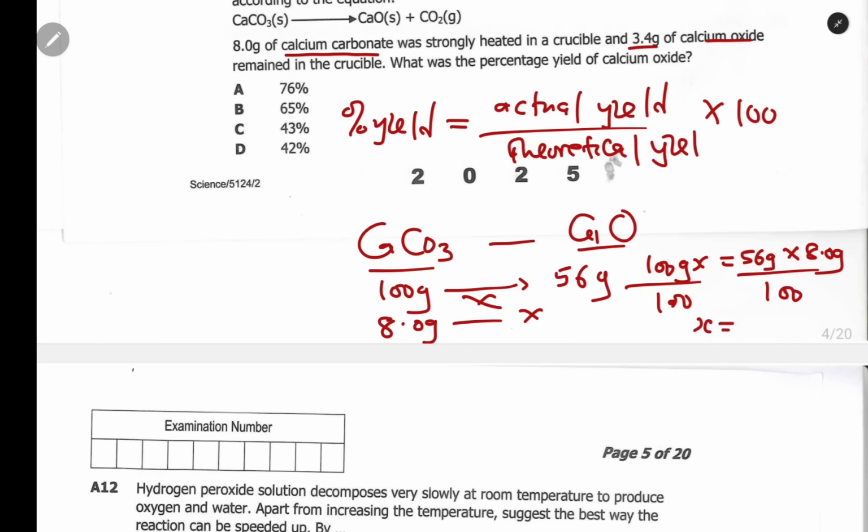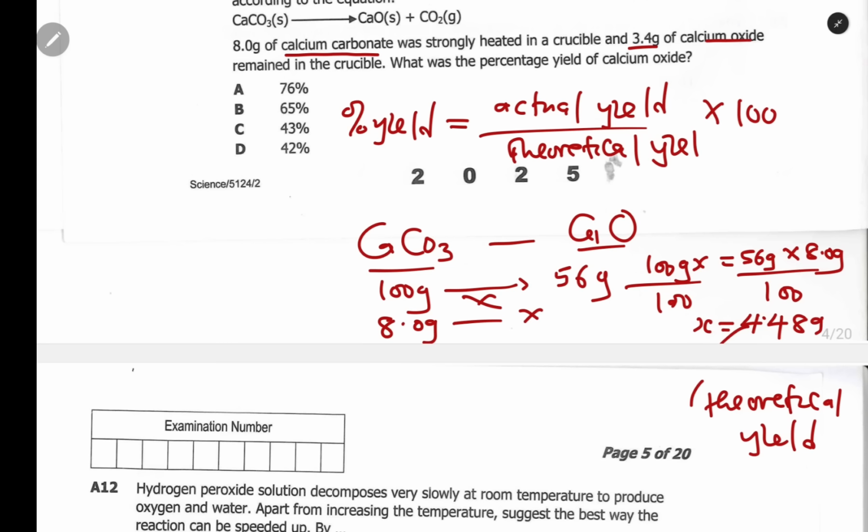So X is going to be 56 times 8. 56 times 8 is 448. Divide by 100. So this is going to give us 4.48 gram. This is the theoretical yield, the calculated yield.